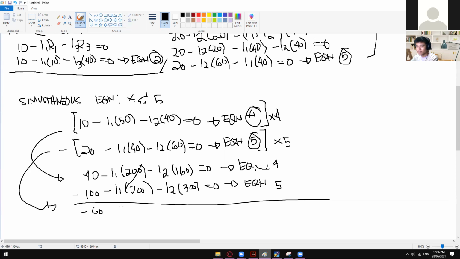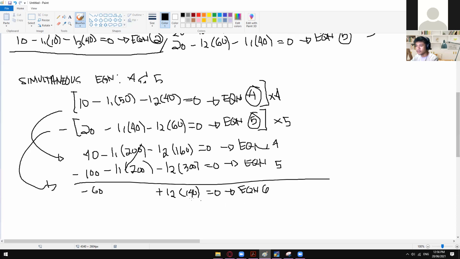It will give us a 0. And then in here, negative plus negative will become positive. So positive 300 minus 160 is equal to positive 140. I2 times 140 is equal to 0. So we could now call this one your equation number 6.